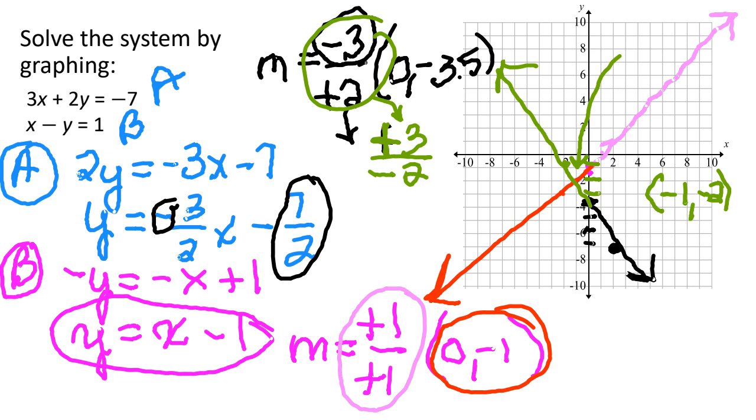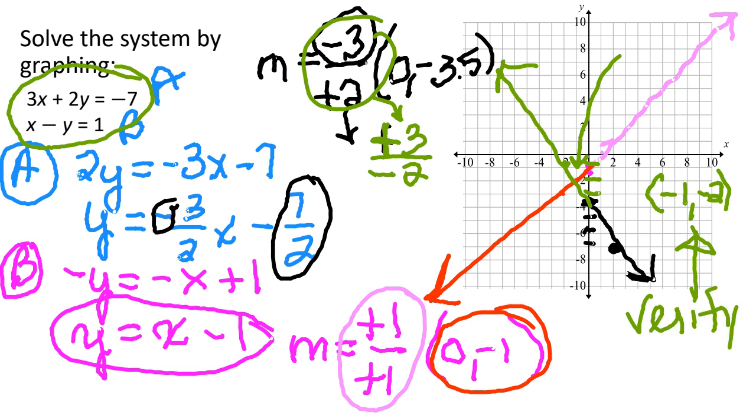But the only way I can verify this solution is to come back up here and put it into the equation. It's sometimes hard to truly see if that's the solution.